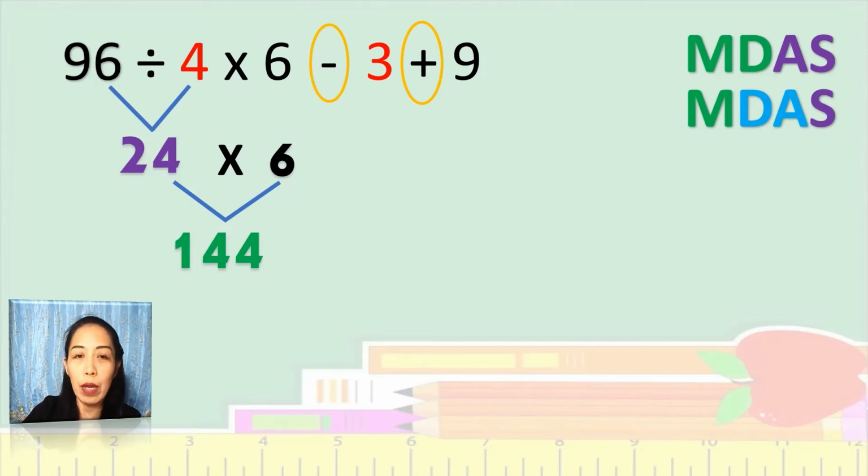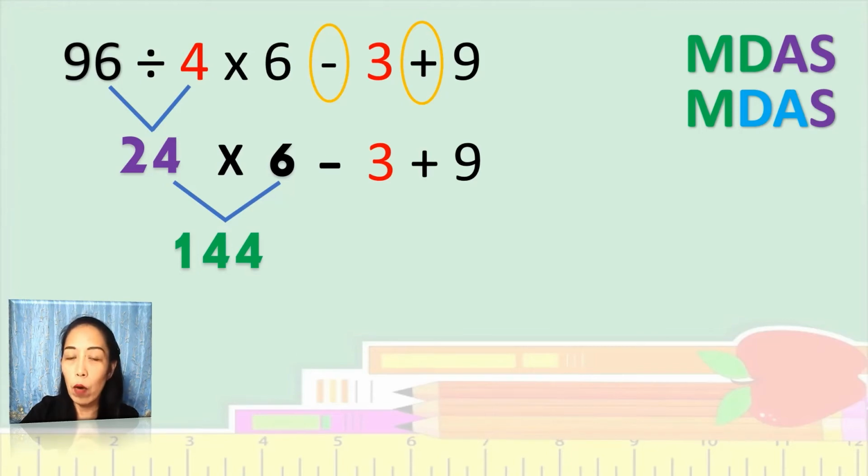So, we have here minus and addition sign. Okay? So, ang next ani would be ato na siyang i-subtract. Have, okay, na itong subtraction sign, minus sign, itong i-down.